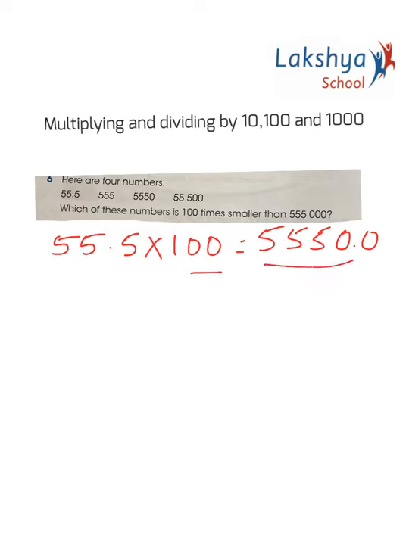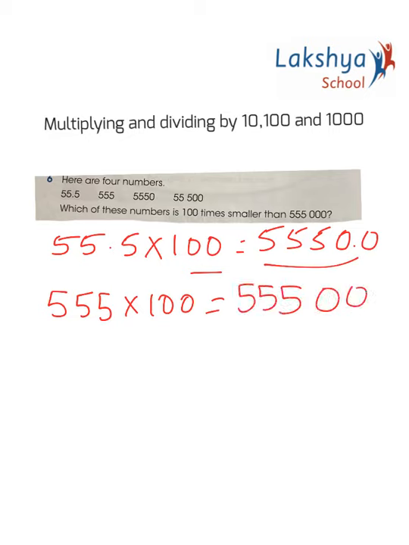So the number would be 5550. Let's take the other number, multiplied by 100 gives us 555 followed by 2 zeros.